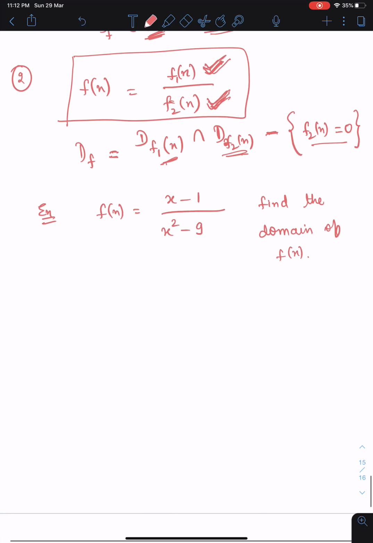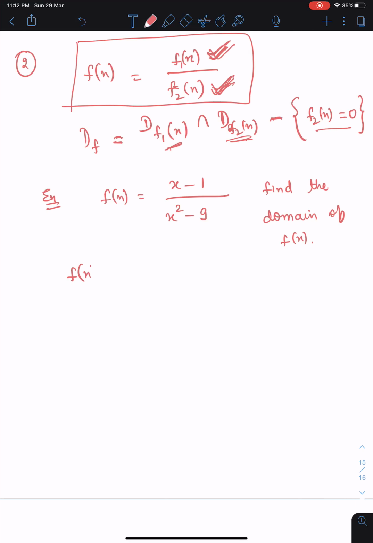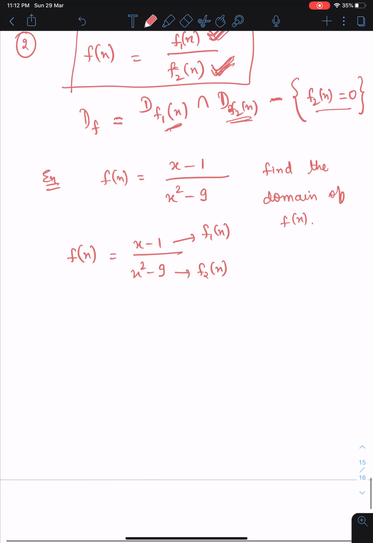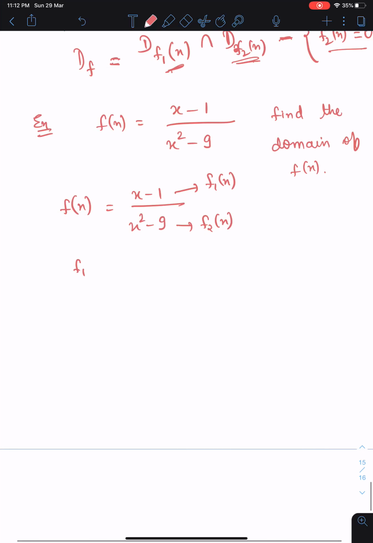Okay, so again understand, f(x) is equal to (x minus 1) upon (x square minus 9). I'm just considering this as f1(x), it is one kind of function, and this is f2(x), this is another kind of function. If I ask you f1(x) is equal to x minus 1, which kind of function is it?